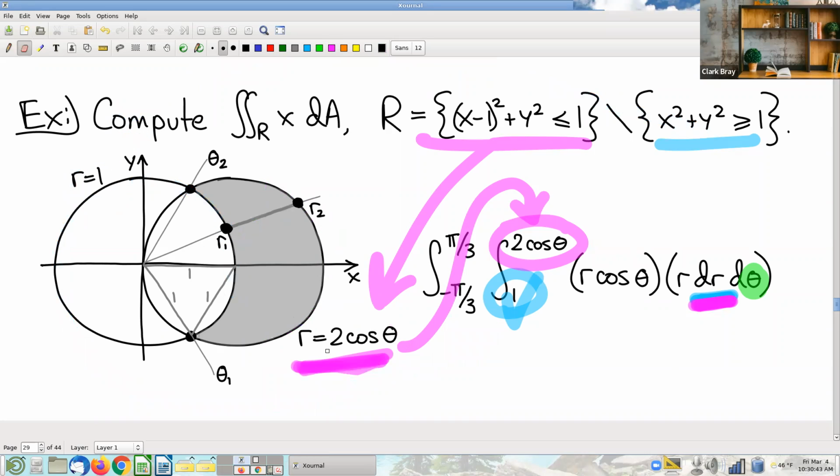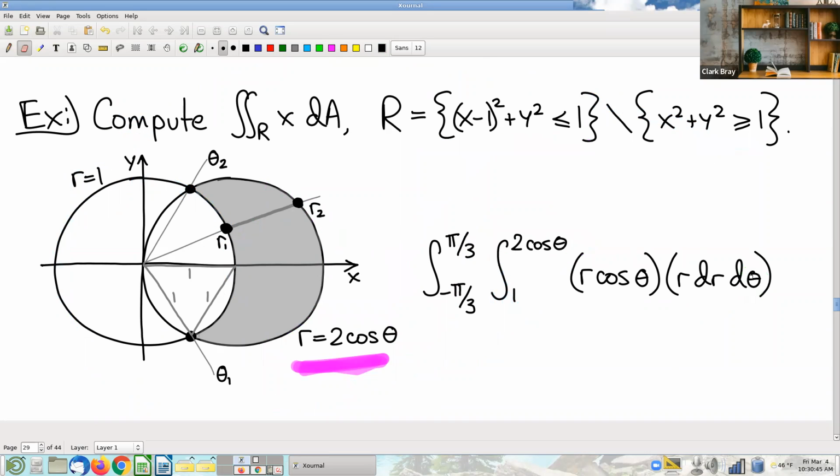Notice how useful the picture is, by the way, while I'm cleaning up here. I'm a big fan of having a good picture. Notice how it takes up a significant fraction of the page. A nice big picture is helpful. Otherwise it gets very cramped and crowded, and then you can't see what you're doing on your own figure. That's not good. So give yourself a nice picture to work with.